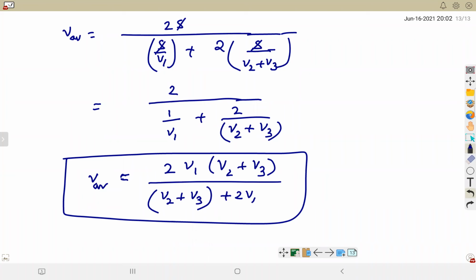No doubt? Okay, very nice. So next part is velocity: average velocity and instantaneous velocity.